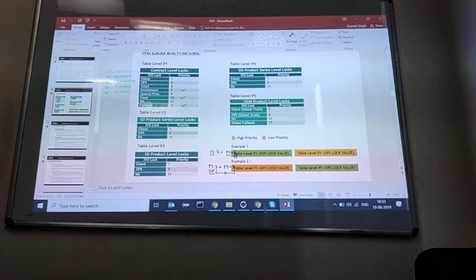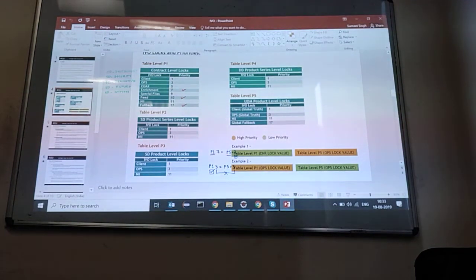Why system generated? Using the UI or any other way, I cannot put an enrichment lock on any of the attributes. I cannot put the field lock, and I cannot put the fallback lock at contract level. That's why I have picked it at contract level. But from the system you can put an ops lock.